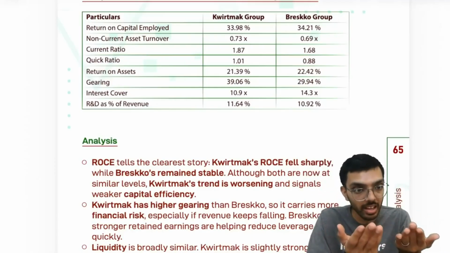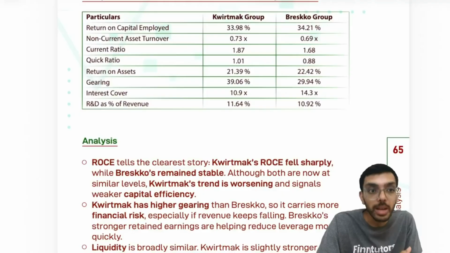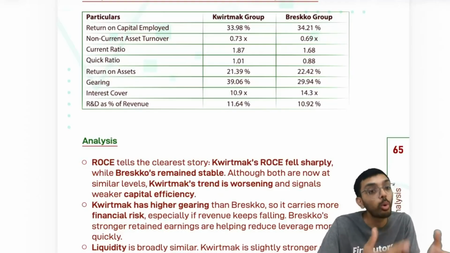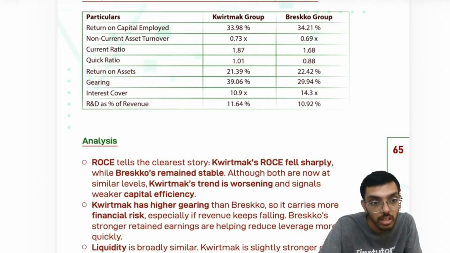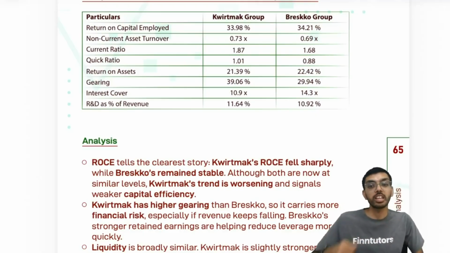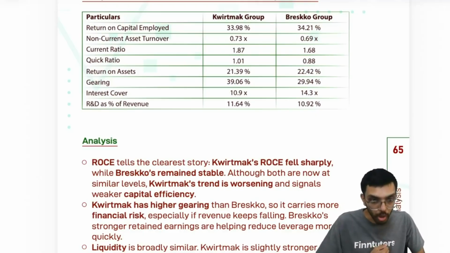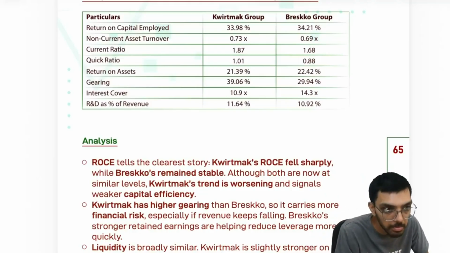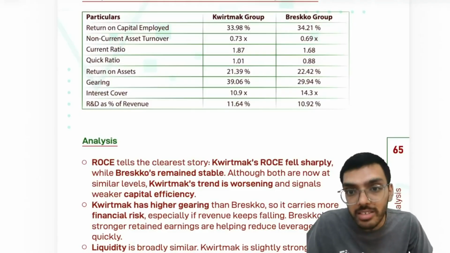Theirs is increasing. So for an investor, Bresco will look like a more positive investment to make because their ROA, their gearing, both are better than mine. So essentially, it will be important for my trend to stop worsening so that we don't give these weak signals.